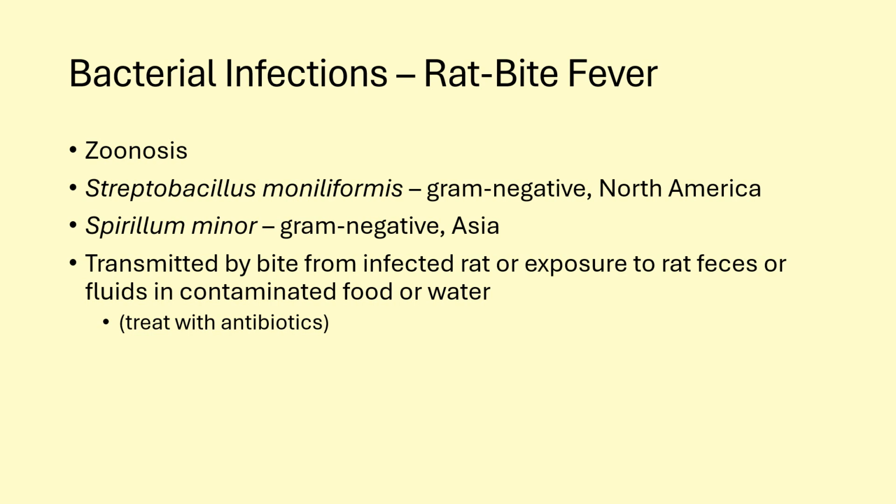Once again, how is it transmitted? Well, as the name implies, you have an infected rat, and you're either bitten by the rat or you're exposed to the rat feces, or some fluids from the rat have contaminated the food or water supply. How do you treat it? With antibiotics.